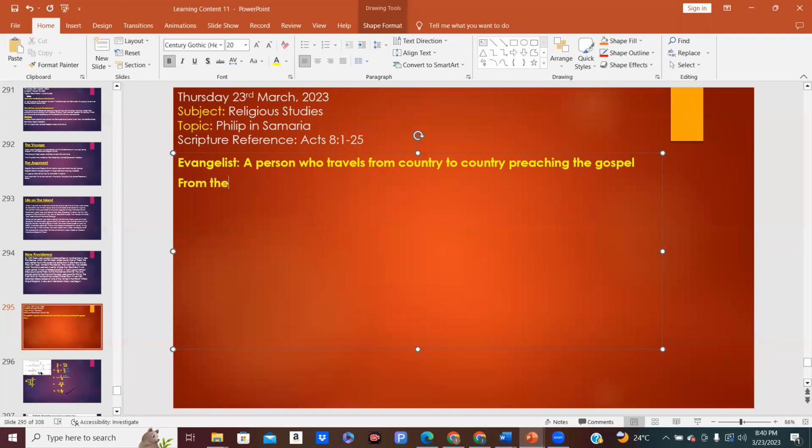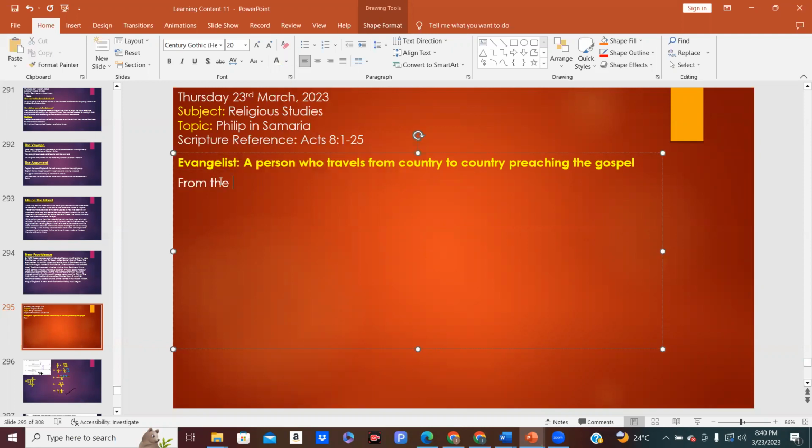So this is the rest of the notes. We're talking about Philip in Samaria. Remember, Philip was one of the 7 helpers, okay?